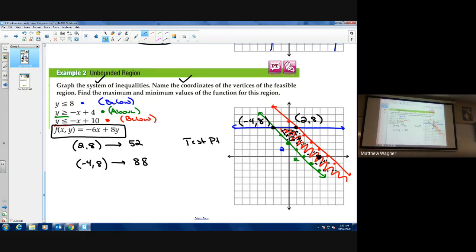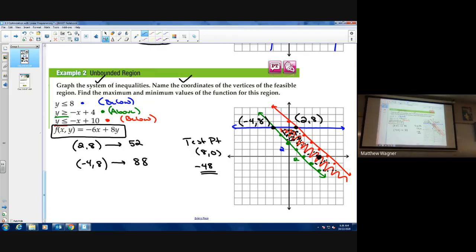So what we're going to do is test. It looks like I picked 8, 0. And we're going to see. When we test 8, 0 in our function, the function's value is -48.